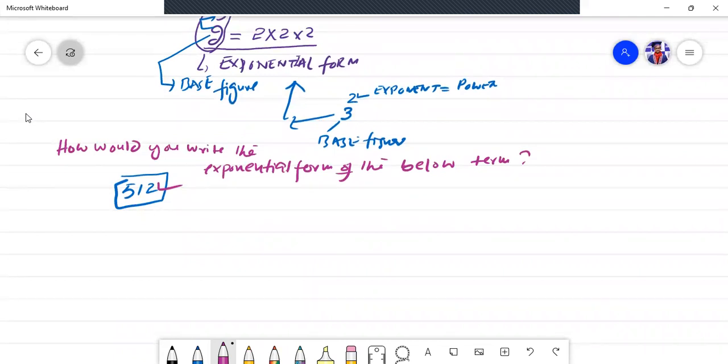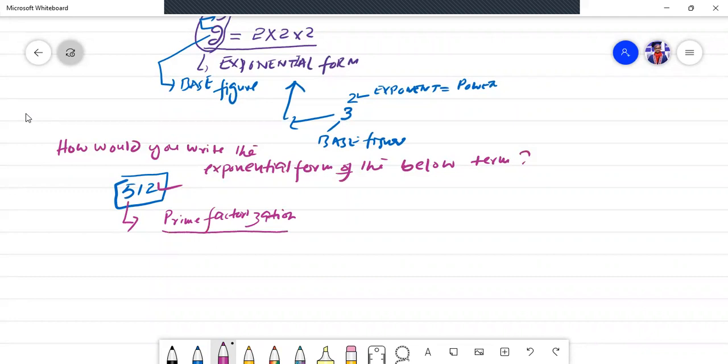To solve this situation, you have to use the basic technique, and that technique is prime factorization. You will find the exponential form of 512 with the support of prime factorization.